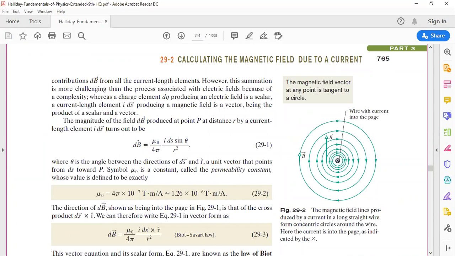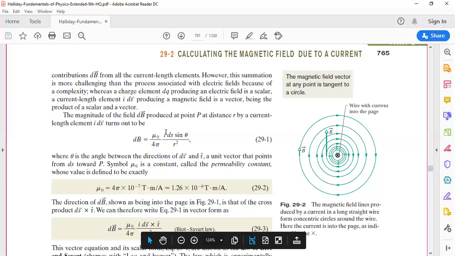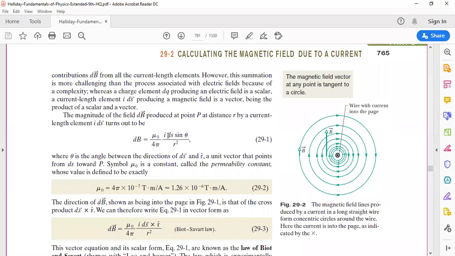If you separate all of these parameters in equation 29.1, you will see the magnetic field is directly proportional to the current I in the wire, and directly proportional to the length of this small segment on the wire.